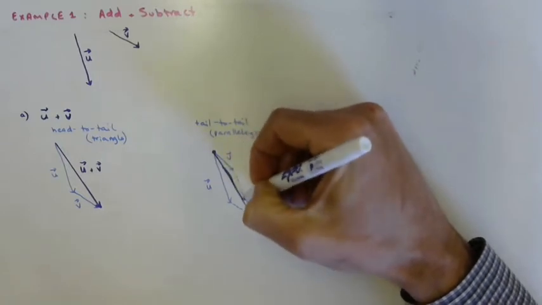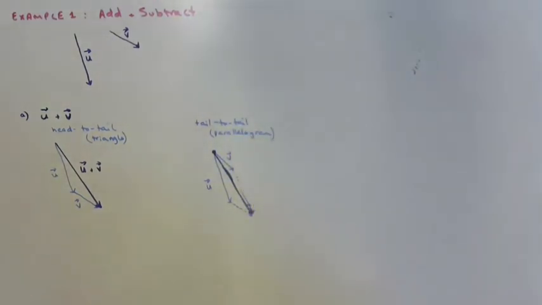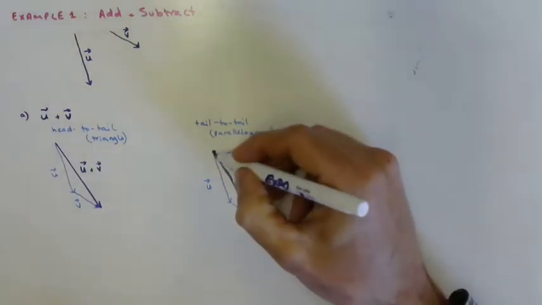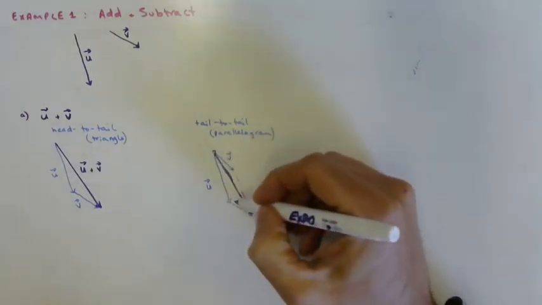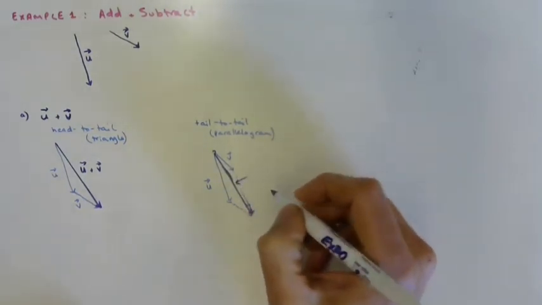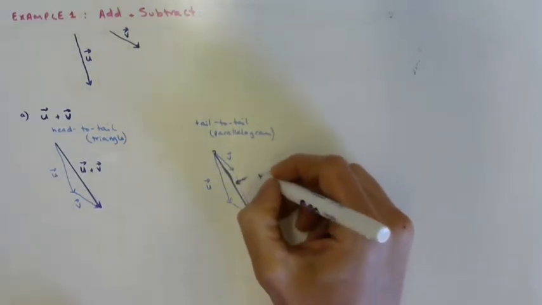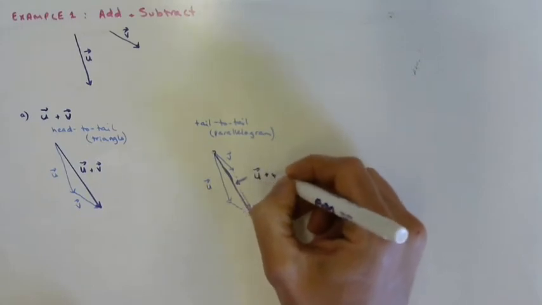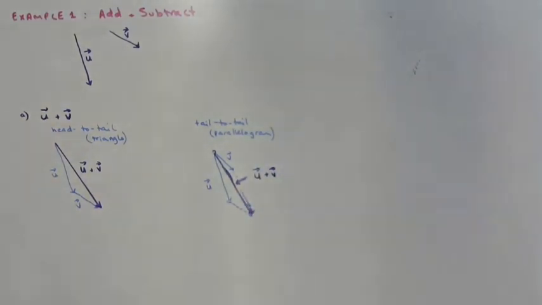Again, if you're going to do it like this, you should probably use a ruler and actually get your angles right and your measurements right. I should just quick measure how long u is on my page so that I can translate it properly. But this resultant here then is u plus v. Okay, it's the diagonal of the parallelogram.